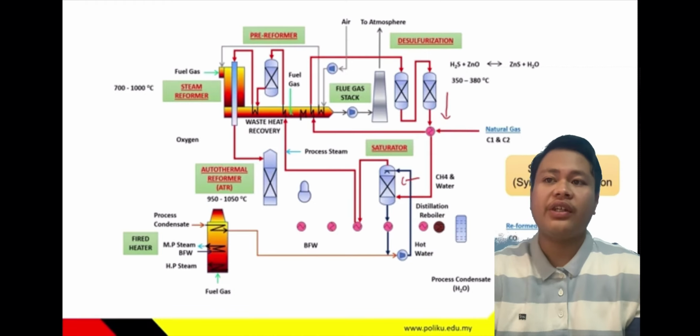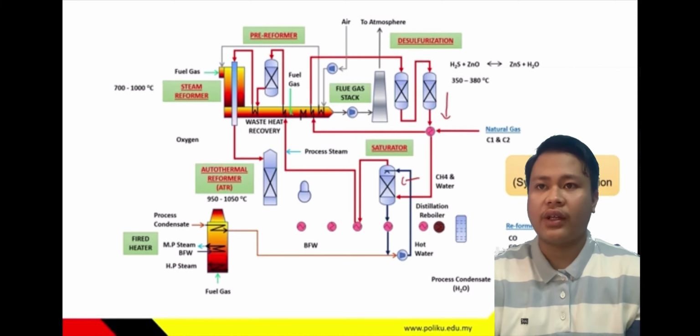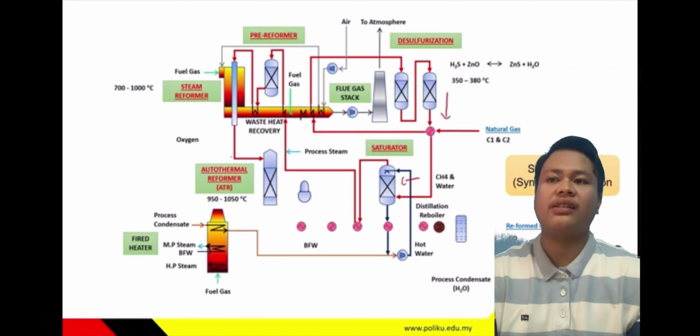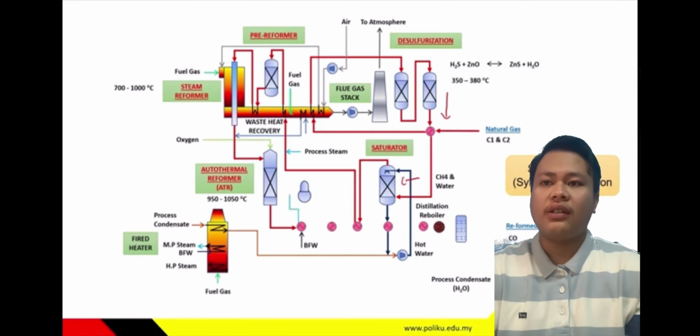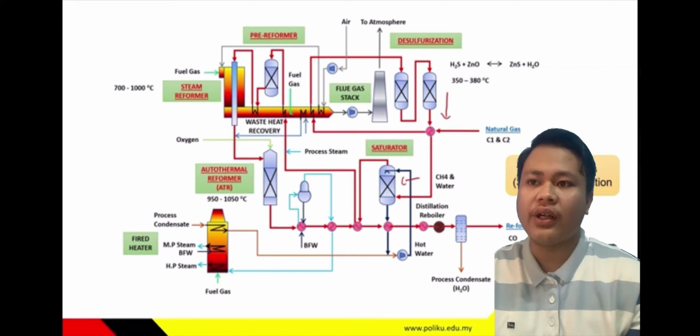In the ATR, it is similar to a steam reformer but uses thermal reaction with the addition of oxygen and an initial source from the synthesis gas. After the syngas reaction in the ATR, it passes through to the reformer gas, and finally we get it.